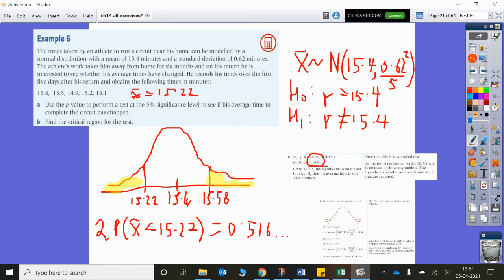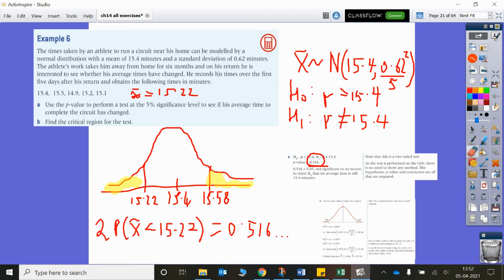Okay, so previously, 15.22 obviously gave us a probability of 0.516, so 52%. 52% was way higher than 5%. So obviously we're going to accept H0. We're going to accept that this athlete's times have not significantly changed.